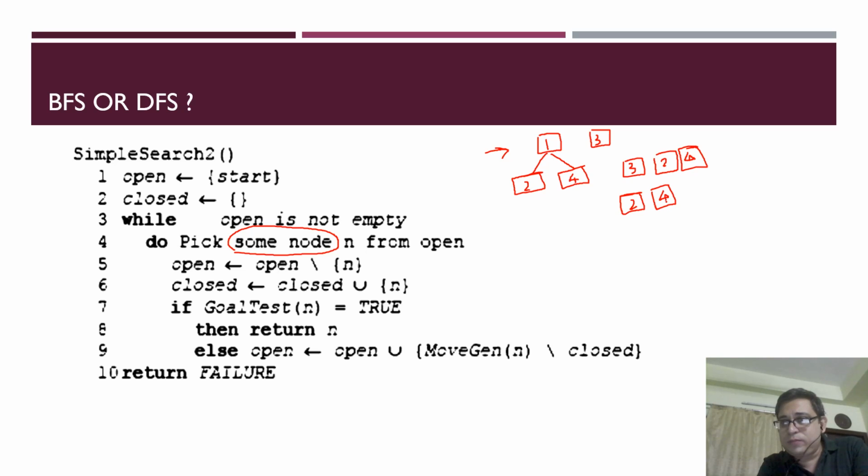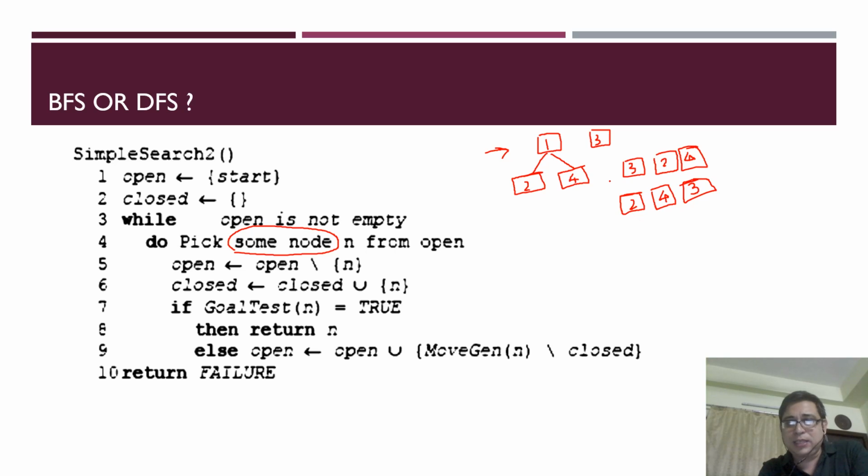Are you getting me? So if you add the children first, that becomes depth first search, and if you visit your same level nodes or neighbors first, then it is breadth first search.